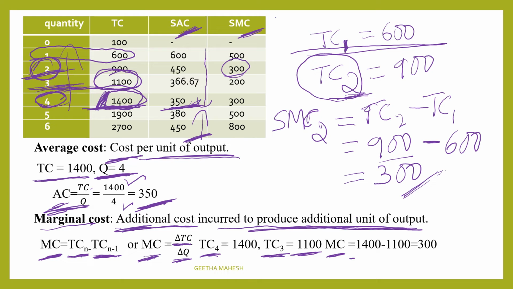Marginal cost is equal to the total cost of 4 units minus the total cost of the third unit. The third unit is 1100, the fourth unit total cost is 1400. If you take the difference, you will get 300. This 300 we call short run marginal cost.